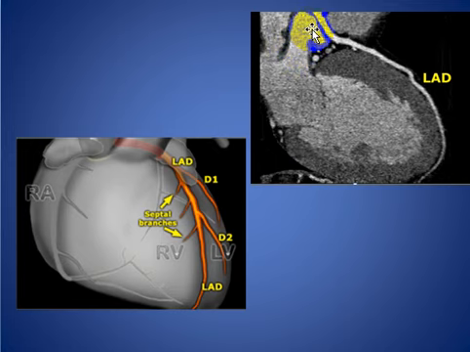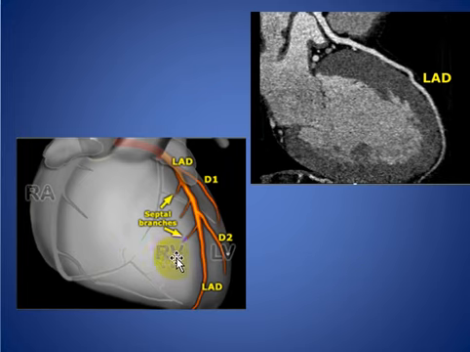Here, this is the left anterior descending artery. As we said, it travels in the anterior interventricular groove and continues to the apex of the heart, and it supplies the anterior part of the septum with septal branches.